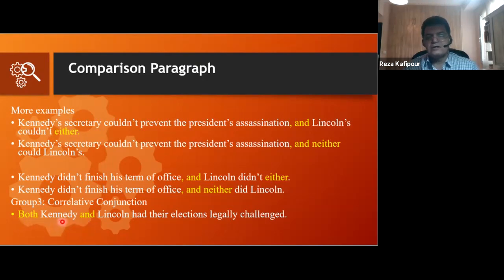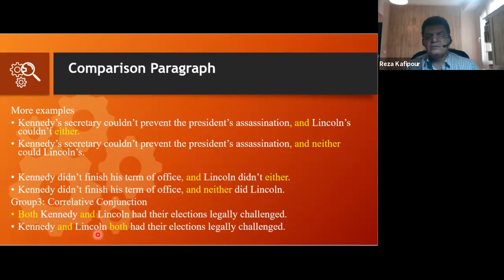For example, for Kennedy and Lincoln, we want to say for both of them, the election was legally challenged. So how to show this idea? We say both Kennedy and Lincoln had their elections legally challenged. The same sentence can be rewritten in this form.